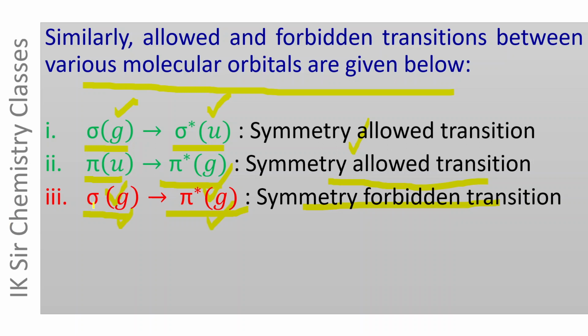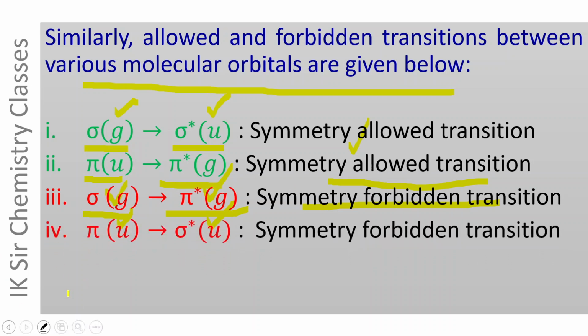This electronic transition sigma to pi star involves two gerade orbitals and it does not lead to change in parity of orbital and hence it is symmetry forbidden. Similarly, the pi to sigma star electronic transition involves ungerade and ungerade orbitals and this will also be symmetry forbidden transition.